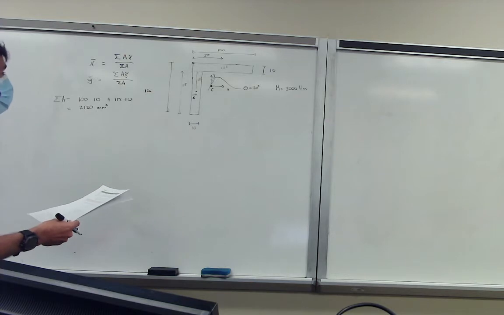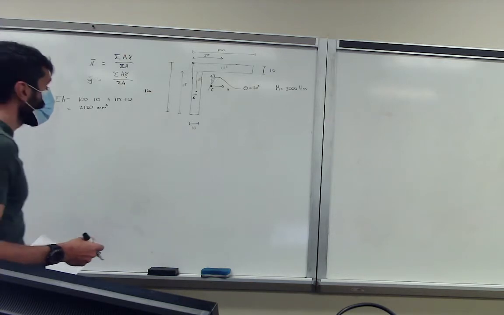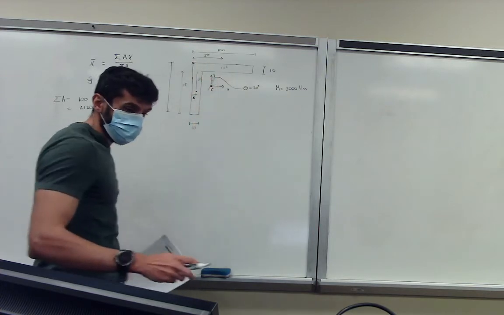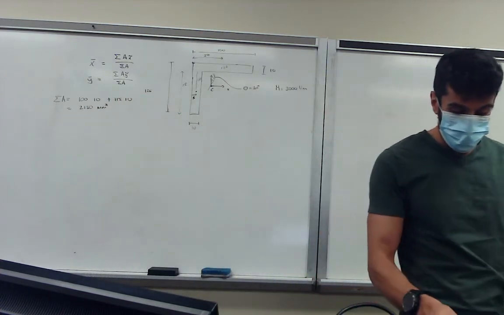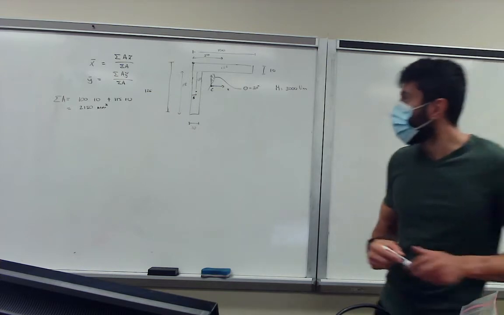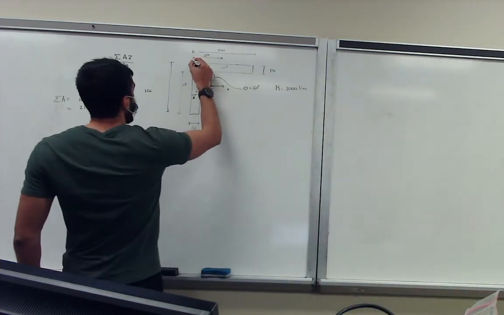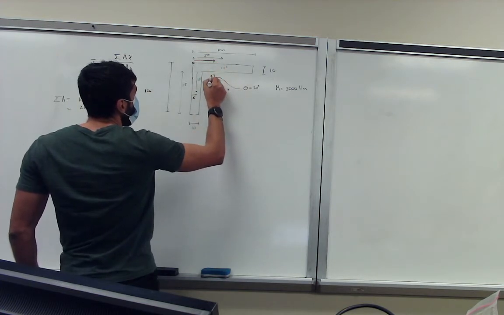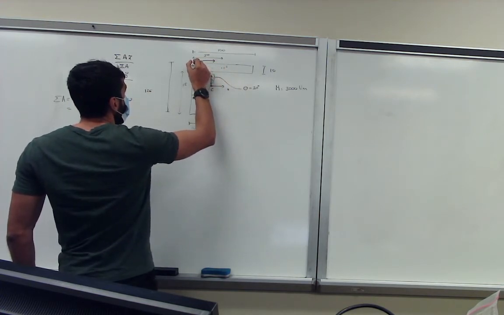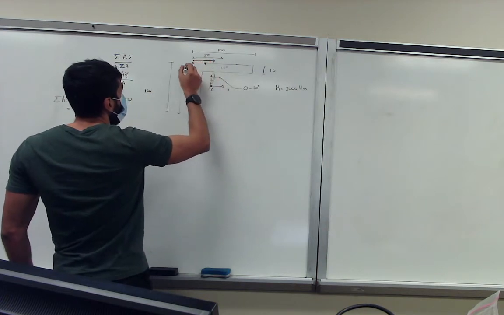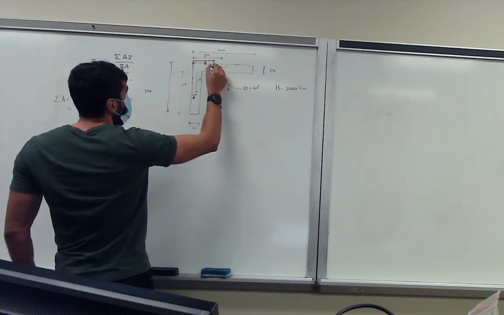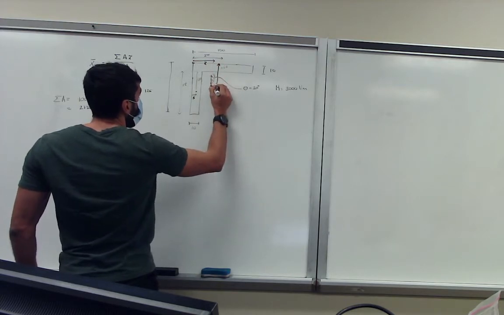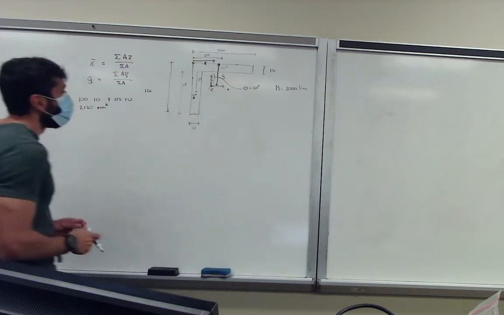If one determines the x distance, which is this, basically from the reference axis to the centroid location, we call this x bar, and similarly this is y bar.